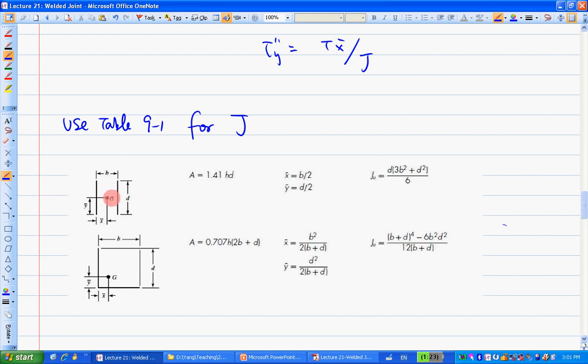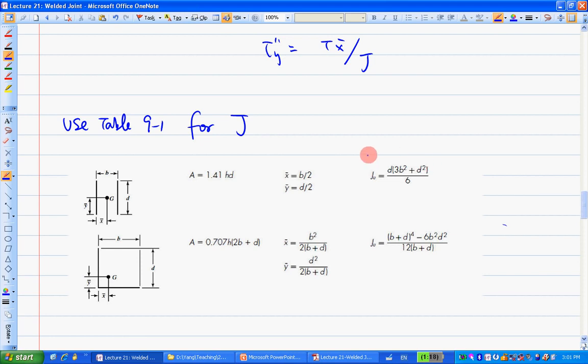Now this diagram shows you what the x bar is, what the y bar is. Basically it tells you the centroid location based on the dimensions d and b. d is the length here, b is the gap between these two. So x bar is b over 2 and y bar is d over 2.